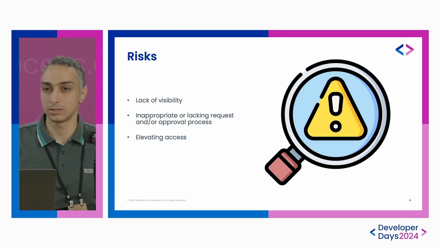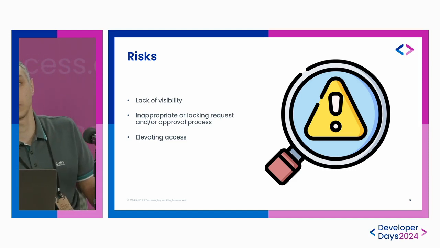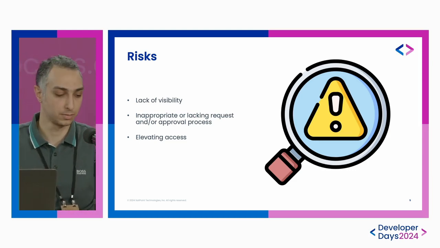Also elevated access could be an indication that something is wrong within your environment, and it's a risk if an account just got admin privilege and he is not supposed to have this admin privilege. That's another risk.